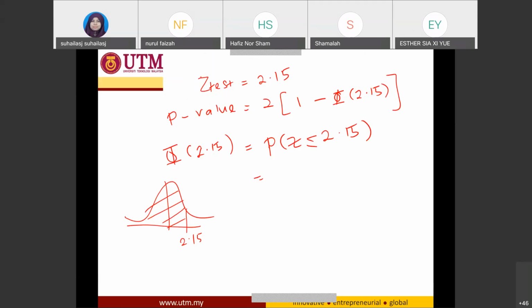This one is the probability Z greater than or equal to Z test. So Z greater than or equal to 2.15 in your table is 0.0158.